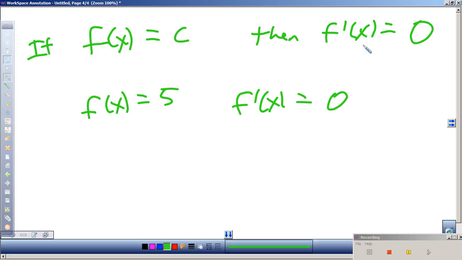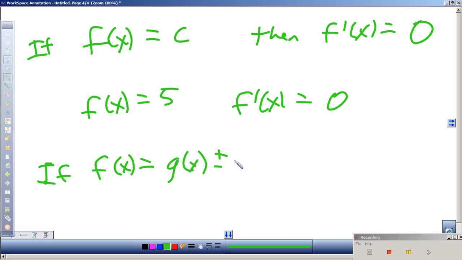And let's see, a couple more rules, so this is another one. If f of x equals g of x plus or minus h of x, so you've got one function that's basically some other functions added together. And it doesn't matter how many, you could say f of x is equal to g of x plus h of x plus j of x plus k of x.